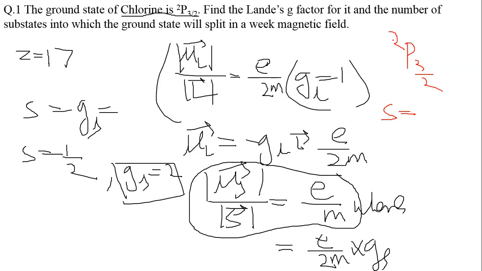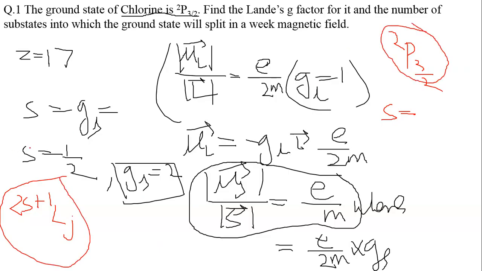As we know, if we compare the term with the spectroscopic notation 2S+1 L_J, then we get 2S+1 equals 2, which gives S equals half. And for p, L equals 1, and here we know J equals L plus S or L minus S.